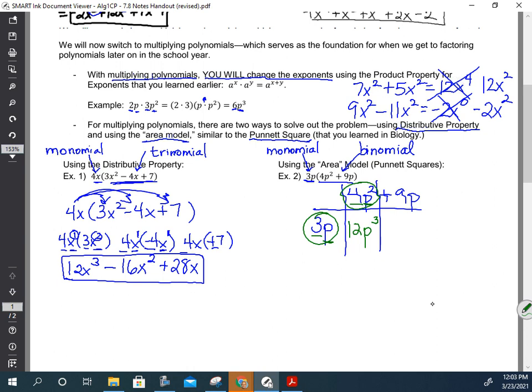Fill in the other box. 3p times 9p is 27p squared. So your answer is 12p to the third plus 27p squared.